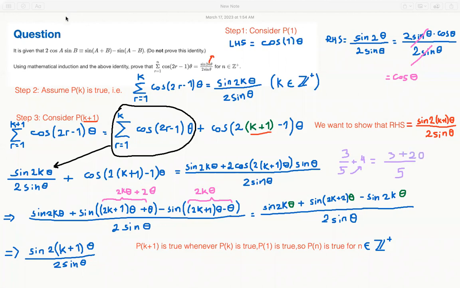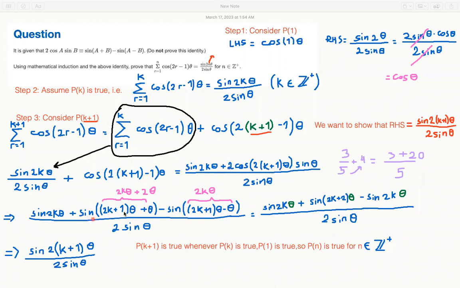Let's use this technique for this question. I multiply 2 sin θ with cos(2(k + 1) - 1)θ, which is over here, and I add sin 2kθ, which is here. The 2 sin θ stays in the denominator.